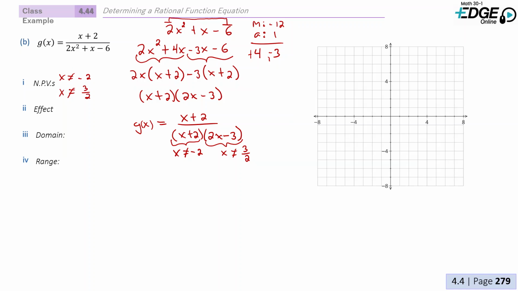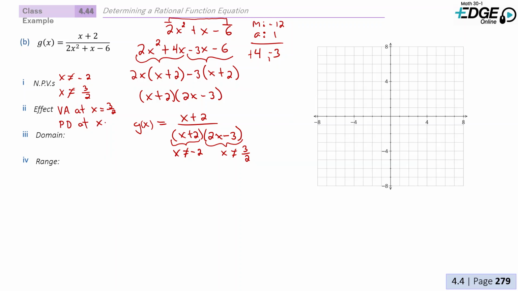So now the effect, we have a vertical asymptote, or VA, at, well, where did this one happen? Well, the one that doesn't cancel, so that's the 3 over 2, at x is equal to 3 over 2. And we have a point of discontinuity, so either POD or PD, at x is equal to negative 2.